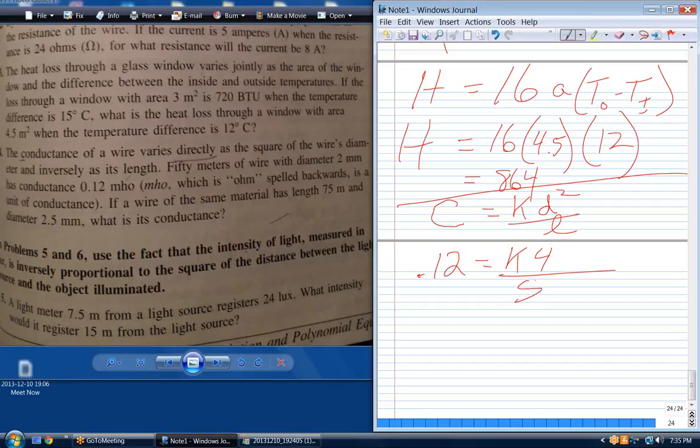Oh, 50. Sorry, I completely missed that. So on the other side, once you multiply by 50, you get 6 equals K times 4. So K equals 6 over 2, or 3 over 2. So then it's C equals 3 over 2 times D squared divided by L.